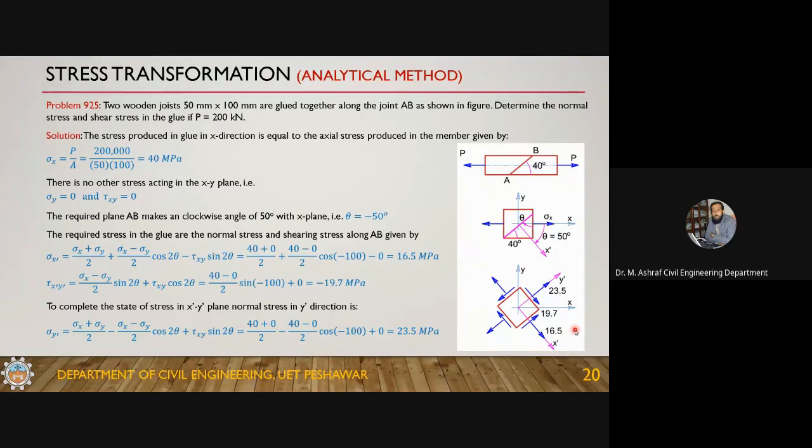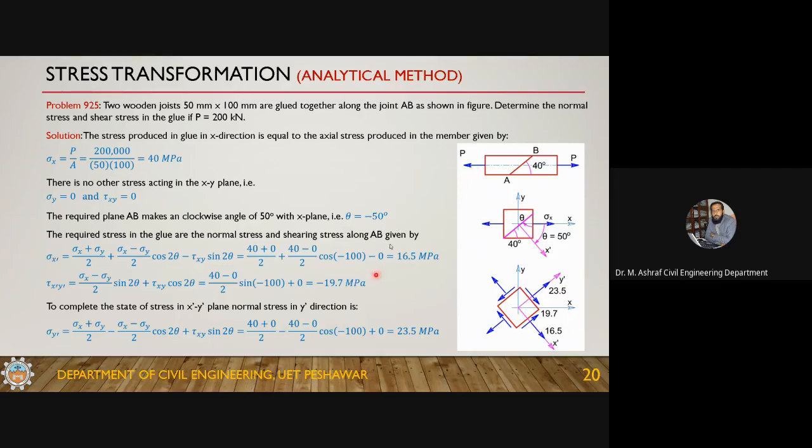This is how you select a particular glue. Glue has these properties: when a supplier provides a particular glue, he mentions the tensile strength of this glue and the shear strength of this glue.